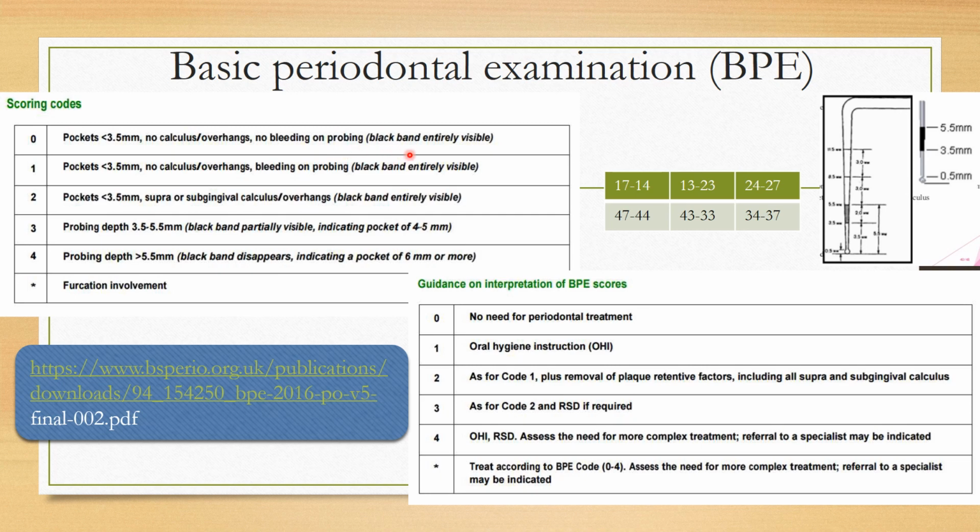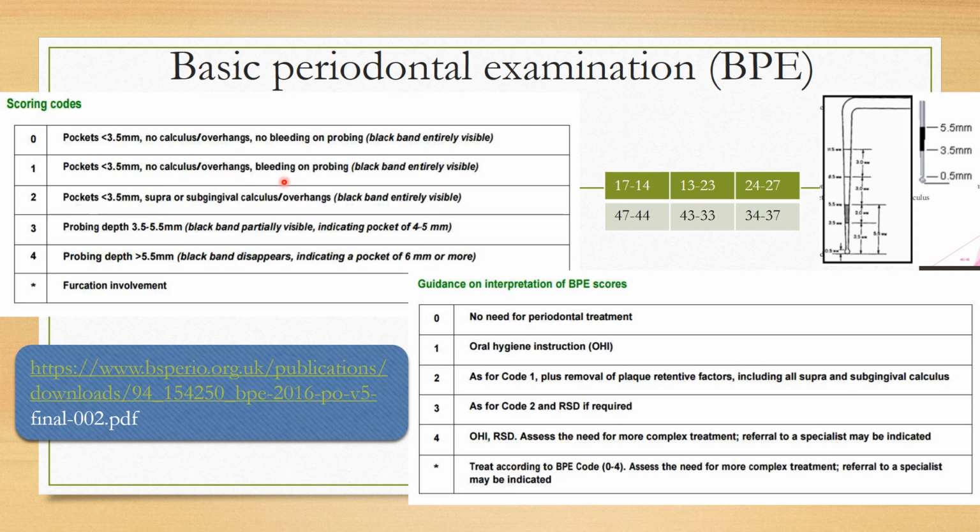The black band will be clearly seen, as we are using the WHO probe with a ball end of 0.5 mm and color coding markings at 3.5 to 5.5, 8.5, and up to 11.5. If the pocket is less than 3.5, the black band will be seen. Score 0 is quite normal. Score 1 is with bleeding on probing.